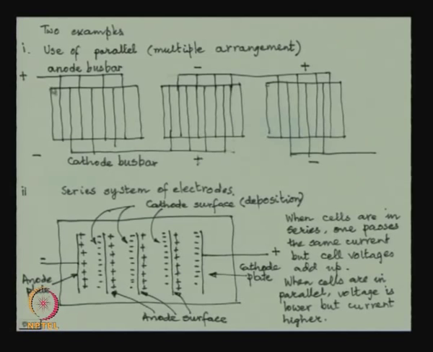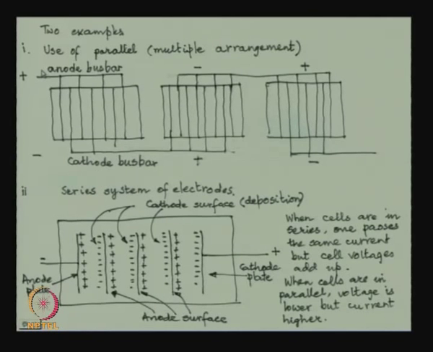In this, there are a number of cells. You have anode, cathode, anode, cathode, anode, cathode, anode, cathode. They are all in series. Here are also several cells in series. These are also several cells in series. But look at these cells here, they are arranged in parallel.